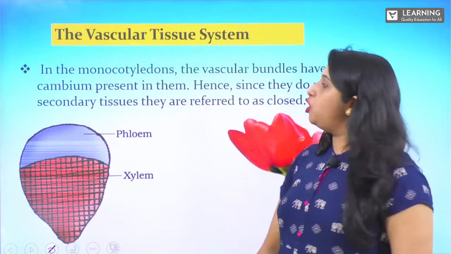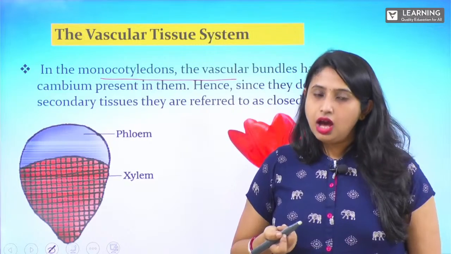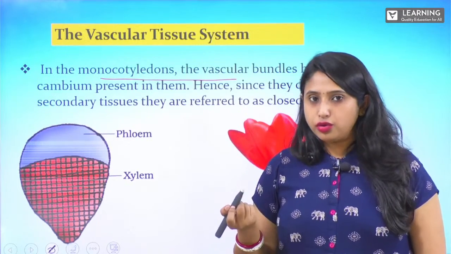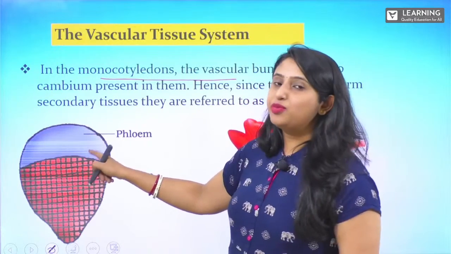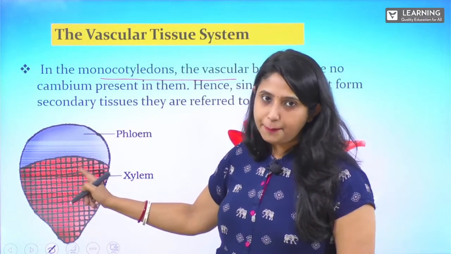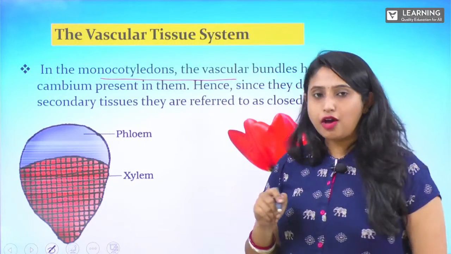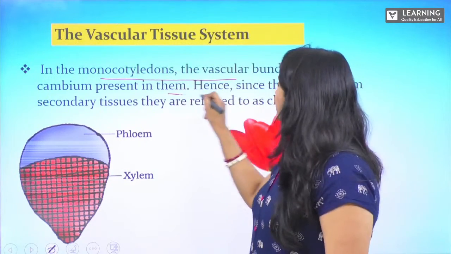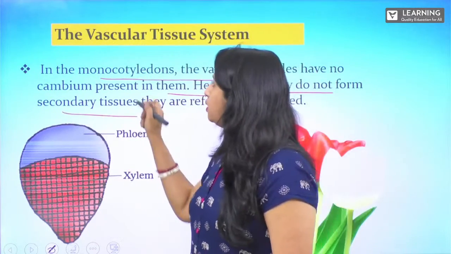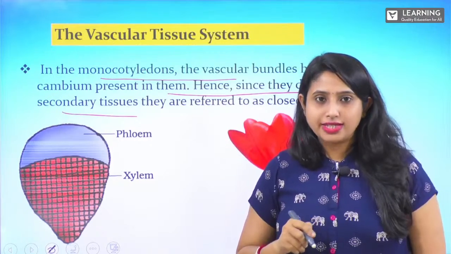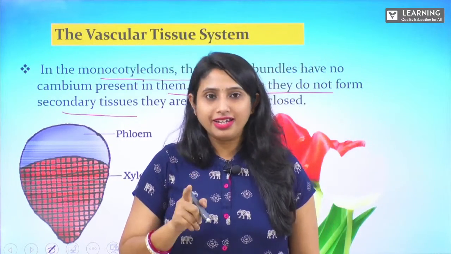Whereas in case of your monocotyledonous stem, you will not see the secondary growth, because the vascular bundle is closed and there is absence of cambium. You cannot see cambium here, right? In the monocotyledonous, the vascular bundles have no cambium present in them, hence they do not form the secondary tissues. So the monocot stem is not responsible for secondary growth.